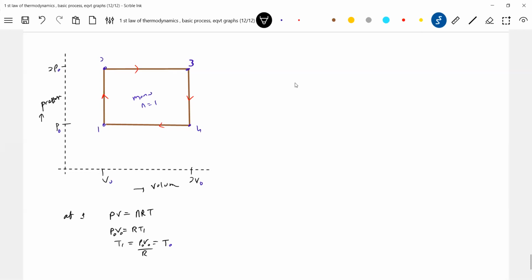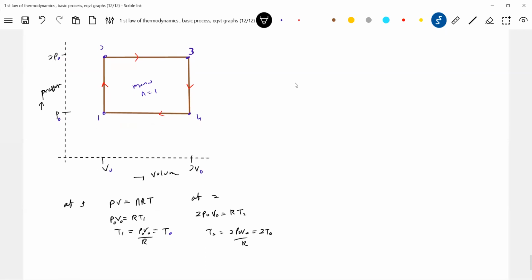Similarly, let's apply the ideal gas equation at 2. This is the first problem, I'll show in detail. The pressure there is 2P naught, volume V naught, number of moles 1, so RT2. What is T2? 2P naught V naught by R, therefore this will be 2T naught.